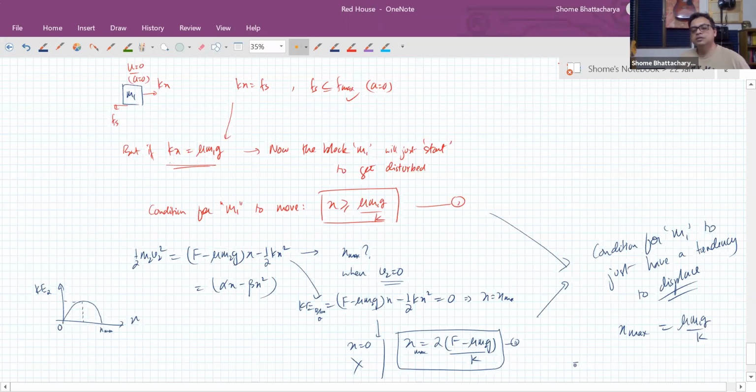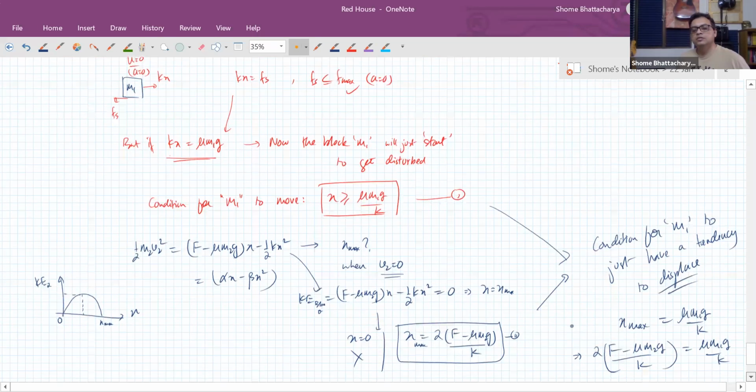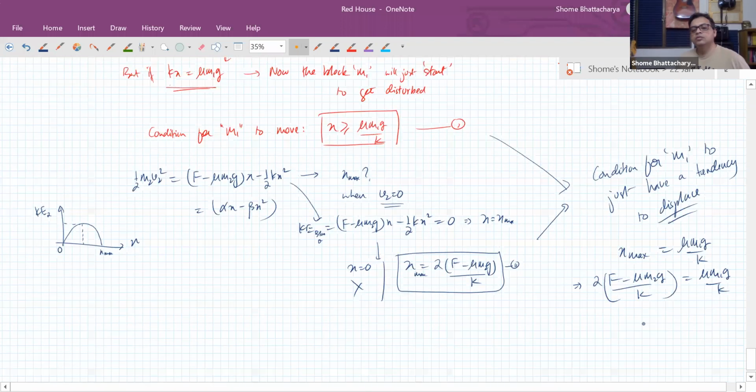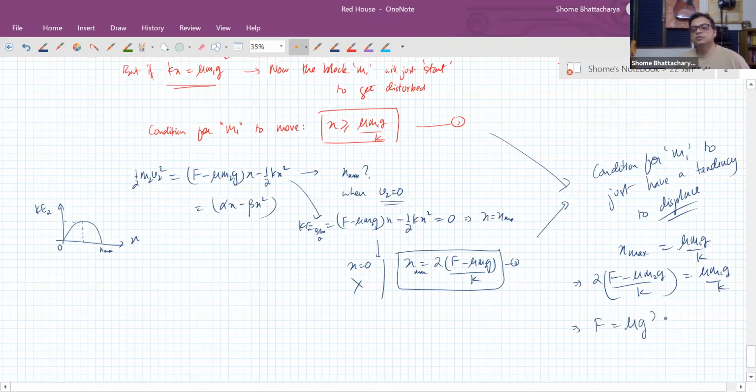In other words, 2 times F minus mu M2g by k should be equal to mu M1g by k. So you will get F should be equal to mu g, if you take common, M1 by 2 plus M2. Very interesting result.